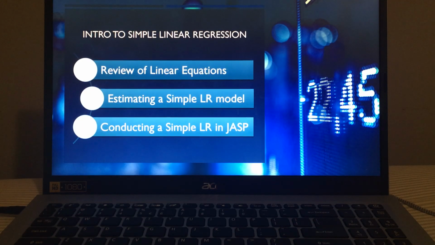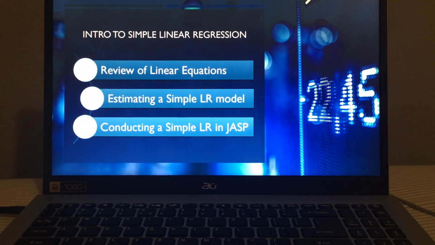It's the estimated y subscript i equals beta 0 plus beta 1 times big X subscript i.